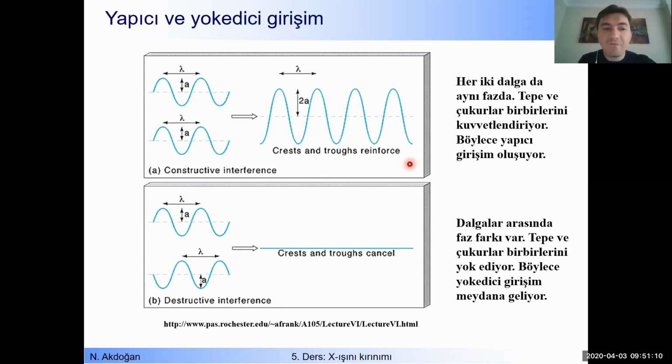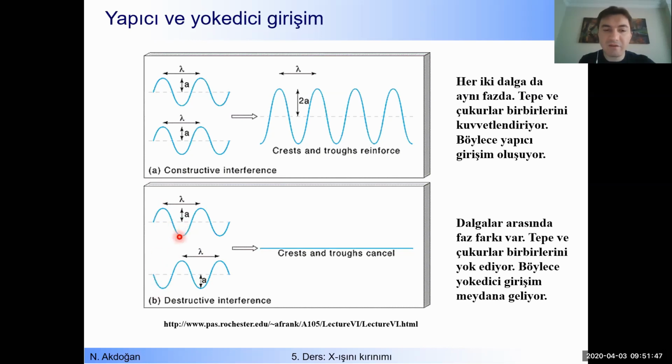But if we have a difference between the X-rays like this, for example, here we have again the same X-ray with the same wavelength and same amplitude. Here we have another X-ray with the same wavelength and same amplitude, but they have a phase difference in between, okay? They have a phase difference of lambda over two, okay? Then what happens? This part of the X-ray is cancelled by this part.